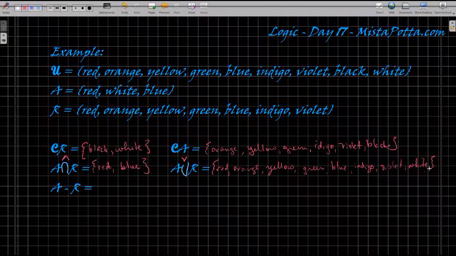As a matter of fact, the only element that we're missing is black, because black shows up in neither of these sets.